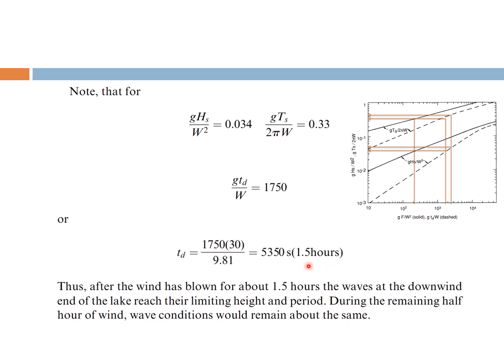The remaining half an hour, the condition on the surface of the lake has already reached an equilibrium. Although the wind continues to blow on it, although the duration is longer, the wave height and the wave period cannot increase anymore due to the limited fetch.